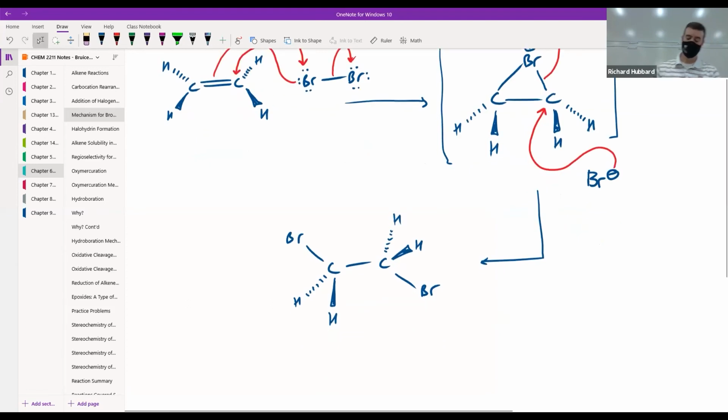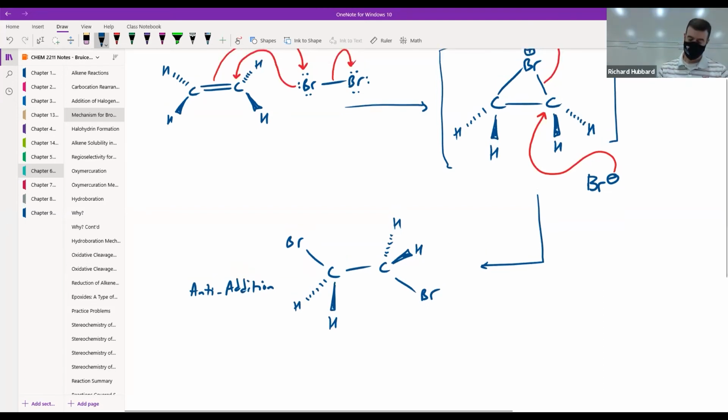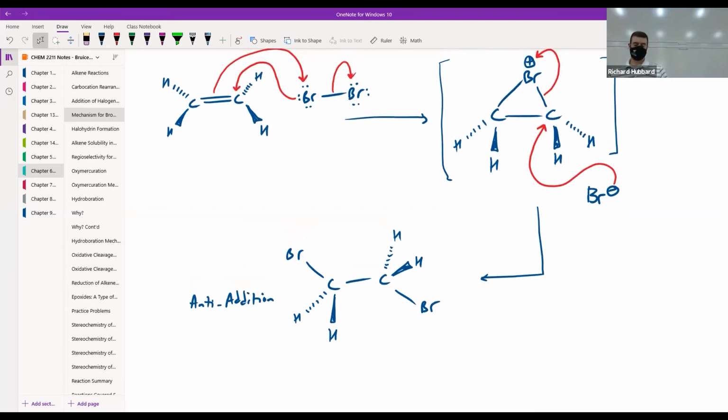Okay, so there is our anti-addition. So bromonium is our intermediate.